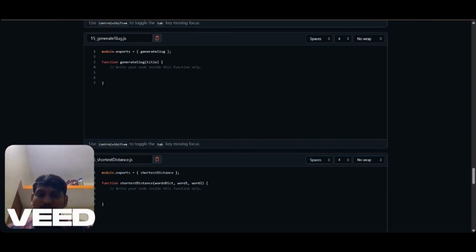The obstacle here is that extra spaces and special characters cause messy URLs. So we remove them using the trim method. The solution uses regex to clean the text and replace multiple spaces.